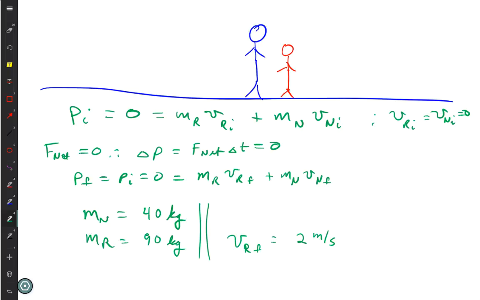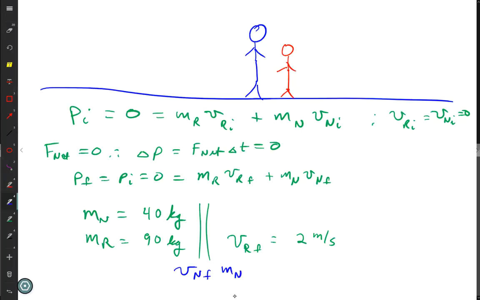Well, we can just do the calculation. We have the mass of Richard times the speed of Richard final plus the mass of Naoko times the speed of Naoko final is equal to 0. So if I just solve that, I'm going to have speed of Naoko final times mass of Naoko equals speed of Richard final times the mass of Richard, minus sign. If I'm going to move it across, I have to subtract.